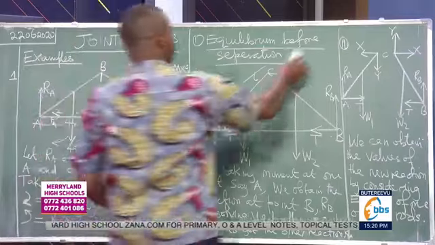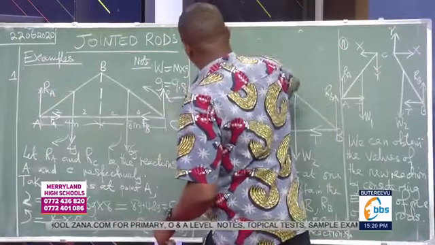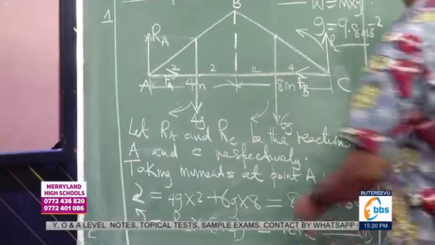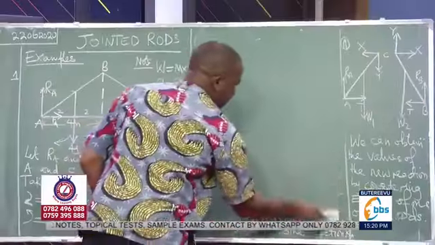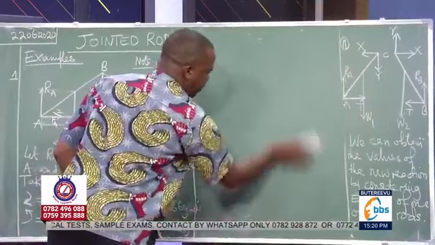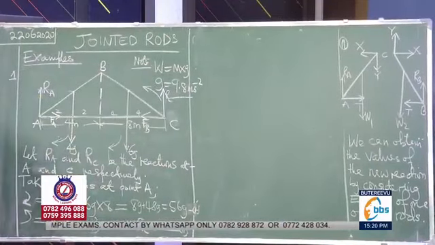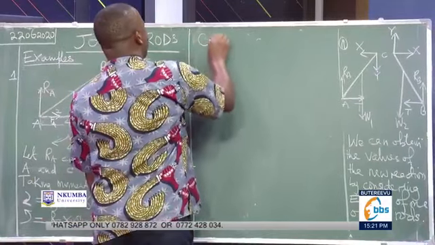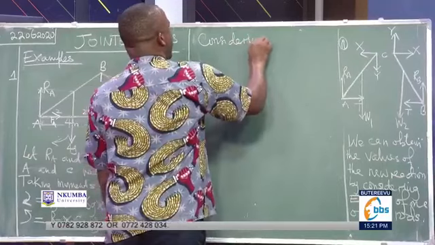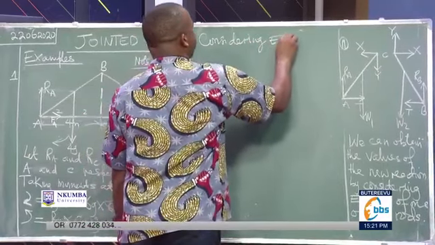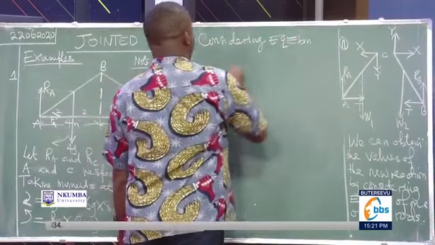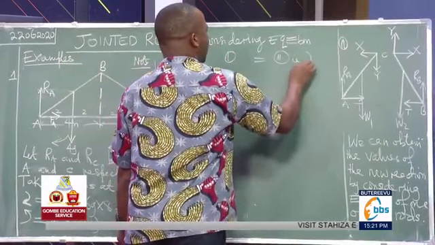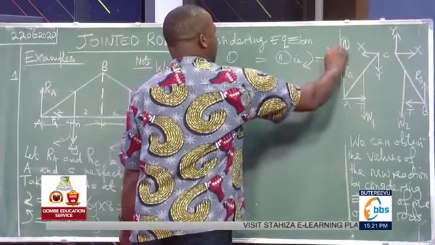Considering equilibrium, equation 1 would be equated to equation 2, i.e. we are saying clockwise should be equal to anti-clockwise moments.